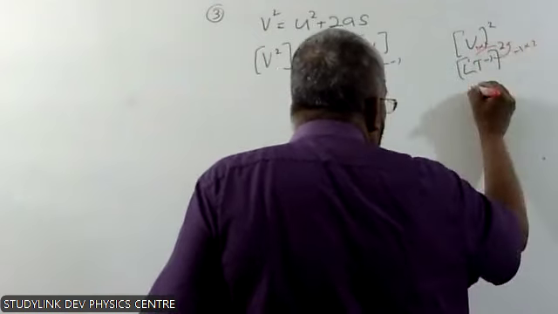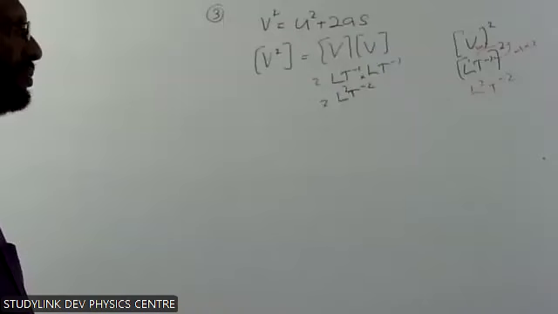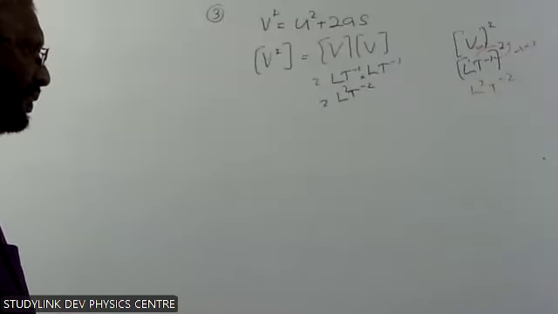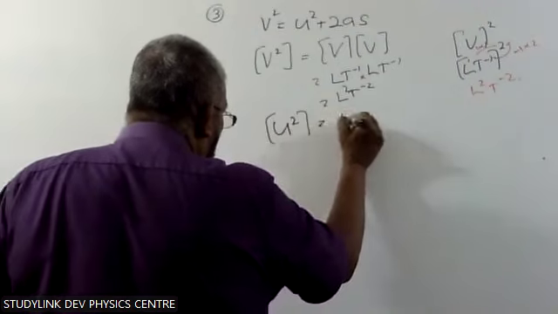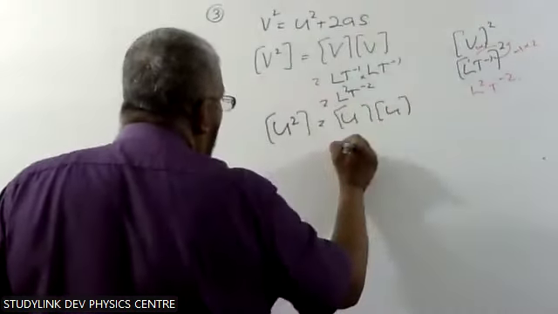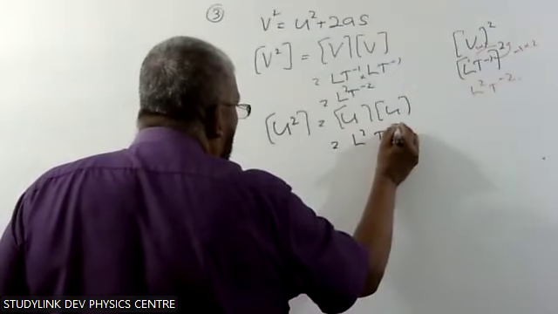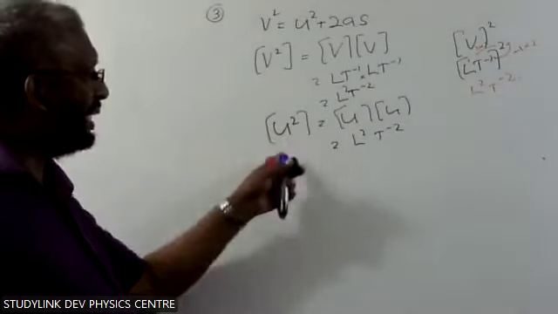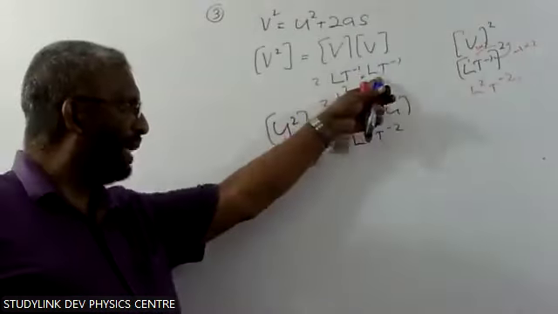This is how the other method works. Then dimensions of u squared, dimensions of u into dimensions of u, same, no? So directly write L squared T minus 2. There is no need to show it again, because when these are the same, they give the marks only for this.